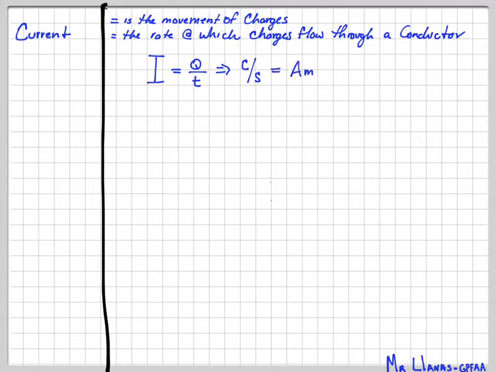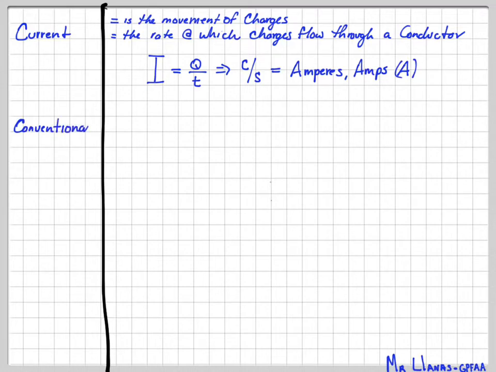The unit we're going to use for current is the ampere, or amps, and the symbol is A. So current is the rate at which charges flow through a conductor, and we can use the formula I equals Q over T to figure out the current if the only things we have are the charge and the time. Remember that charge is in coulombs and time is in seconds.